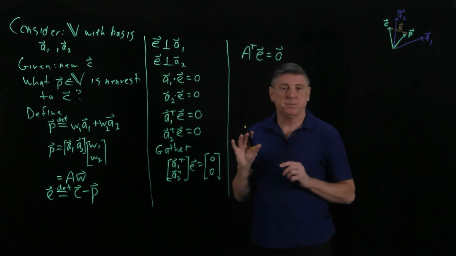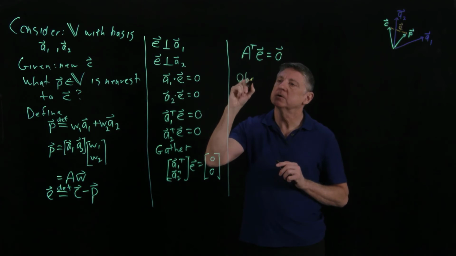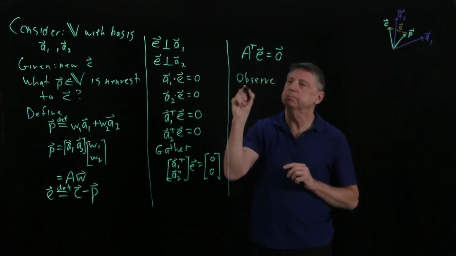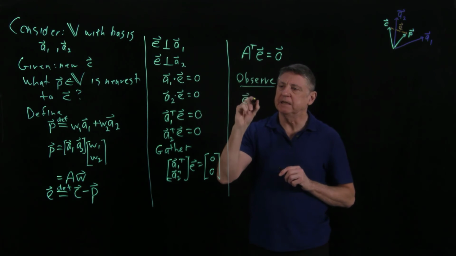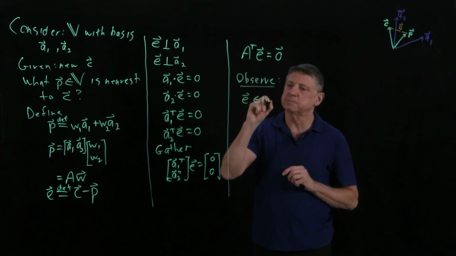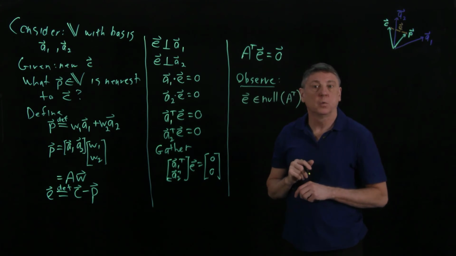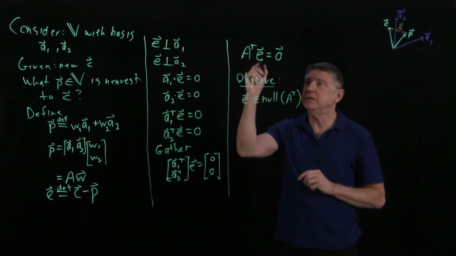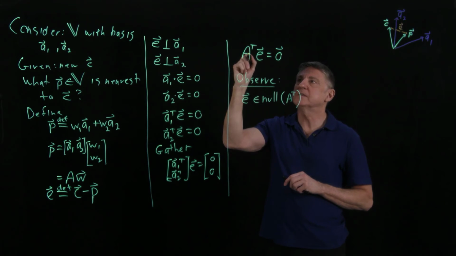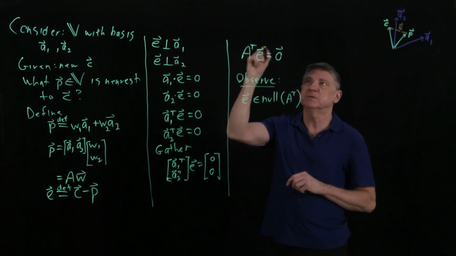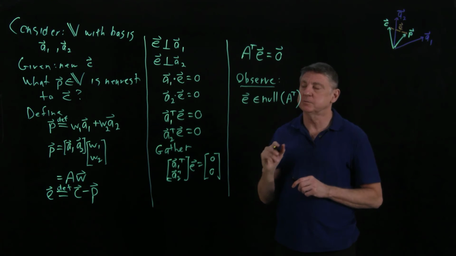Right now, let's pause and make some observations. Let's observe that that means that E is in the null space of A transpose. Why? Because what we're saying is that the error vector, when transformed by A transpose, is the 0 vector. And that's the very definition of a vector being in the null space.